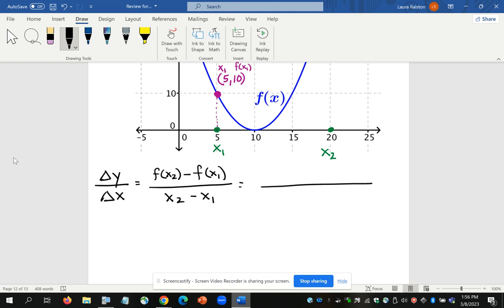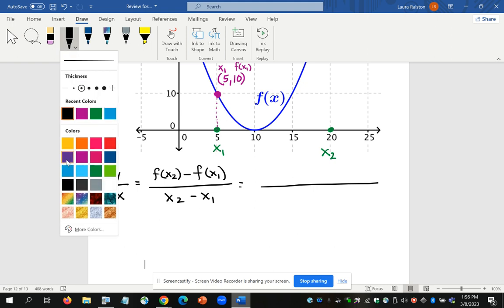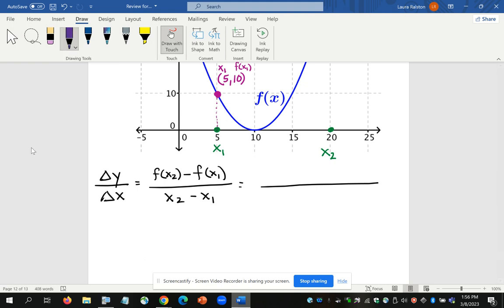And I have those numbers based on my ordered pairs. It's a plug and chug. So I have 40 minus 10 over 20 minus 5.